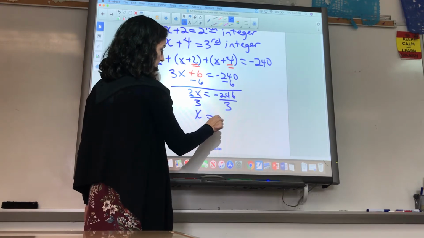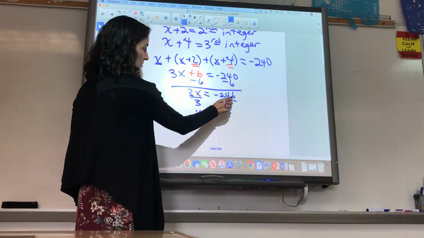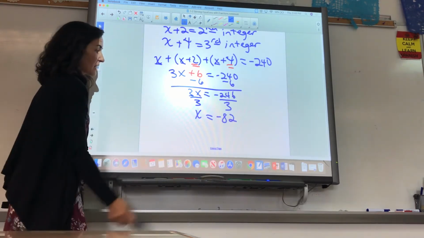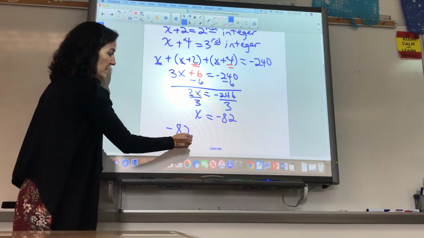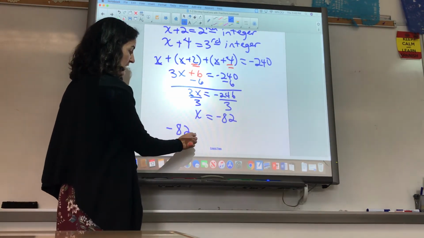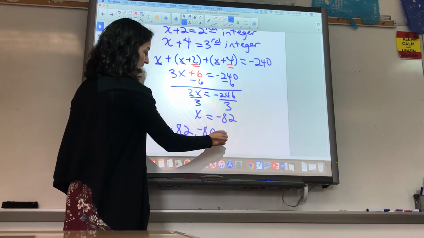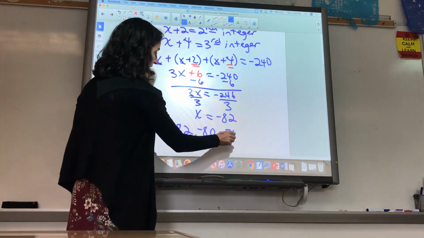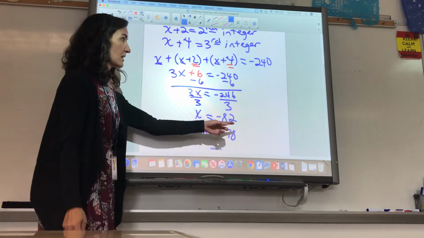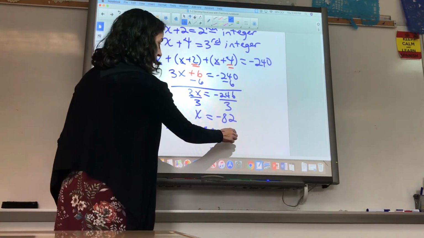So x equals, 3 goes into 24 8 times. 3 goes into 6 2 times. So negative 82. But I haven't answered the question yet because it said to find 3 consecutive. So my first is negative 82. Add 2 to that, I get negative 80. Add 2 more, and I get negative 78. And do those in fact add up to negative 240? Yes, they do.